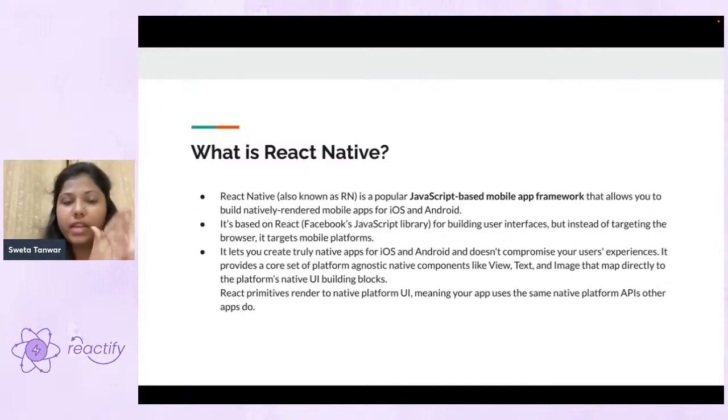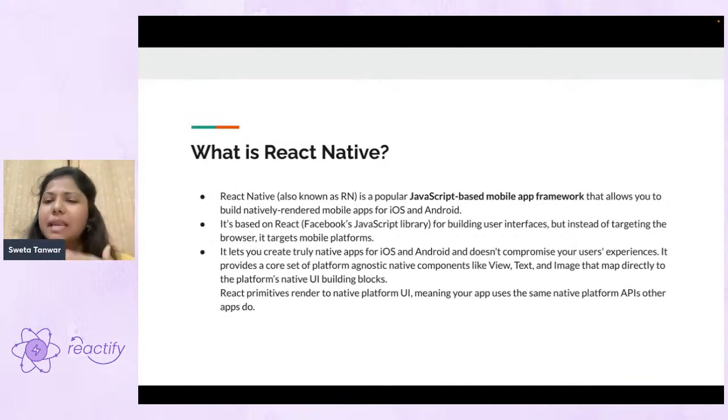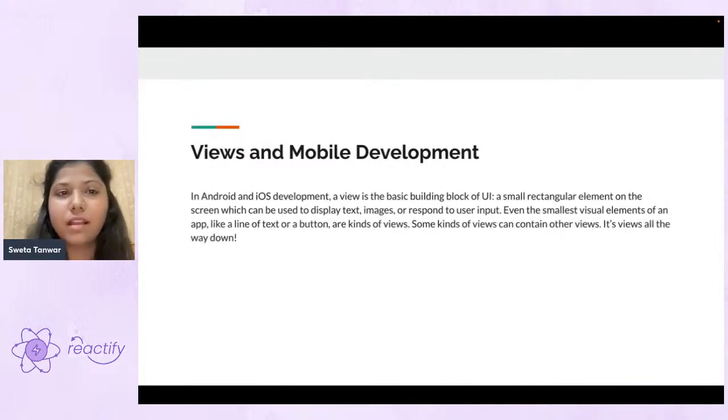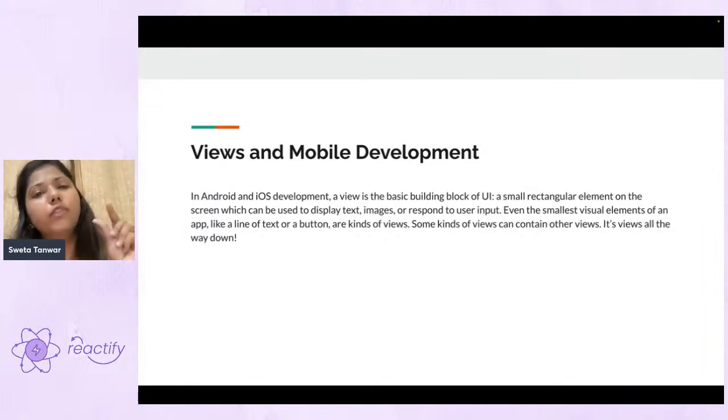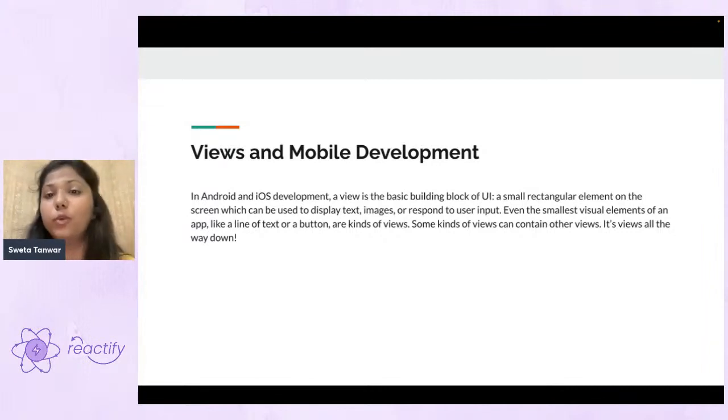React primitives render to the native platform UI, meaning your app uses the same native platform APIs just like other applications do. So, taking the example of view, in Android and iOS development, a view is the basic building block of a UI.